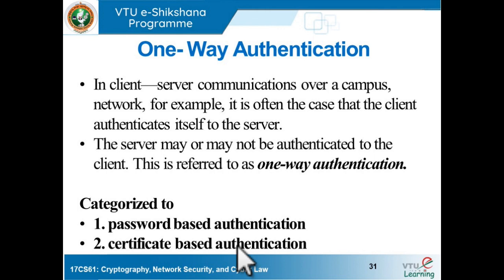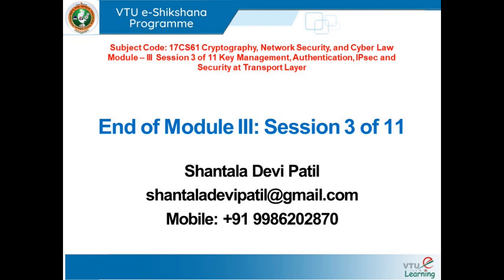Now let's see what we have discussed in this entire session. We started our discussion with bilinear pairing, which is used for identity-based encryption. We have seen that identity-based encryption is an alternate method to using digital signatures.